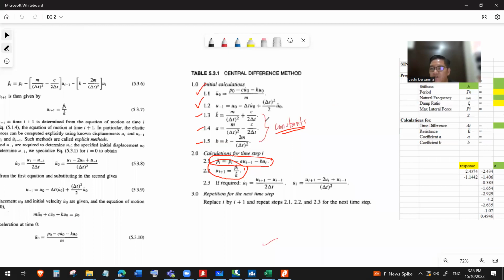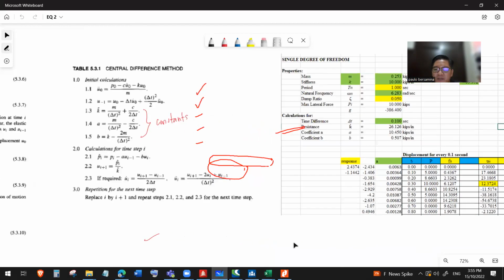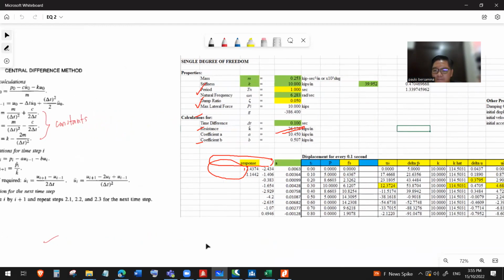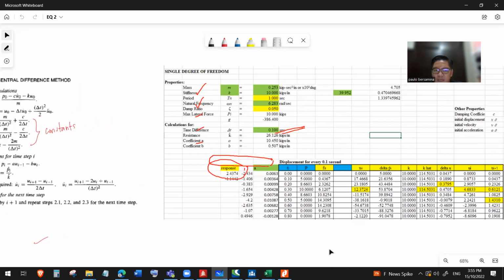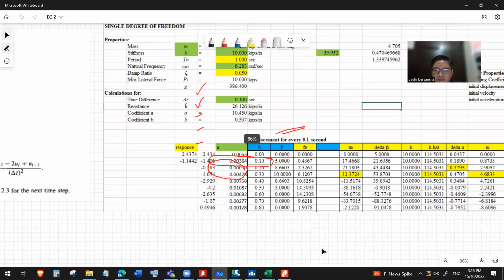So may possible of inelasticity sa structure natin. So however, syempre, bago tayo mag-proceed sa inelastic stage, alamin muna natin yung elastic response, no? So this is what we're doing now. So as implemented sa spreadsheet, so ito siya.